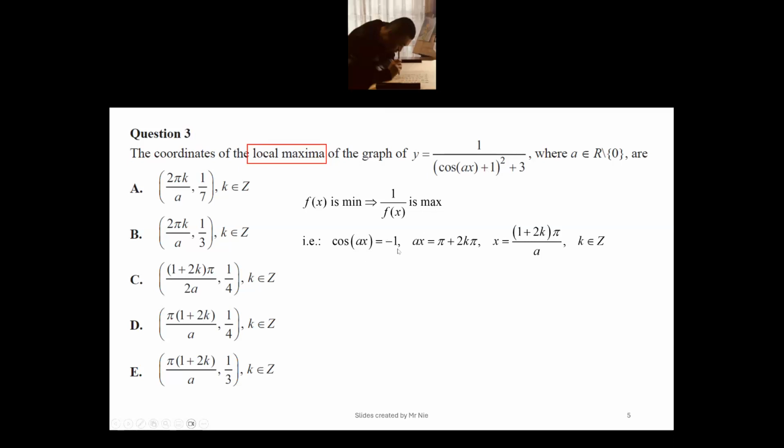Therefore, you can solve this equation to get ax equals pi plus 2k pi as a general solution, and therefore x equals (1 plus 2k) pi divided by a. Notice that this k parameter is an integer. Then you can get the y coordinate, which is 1 over 3. So option E is the correct answer.